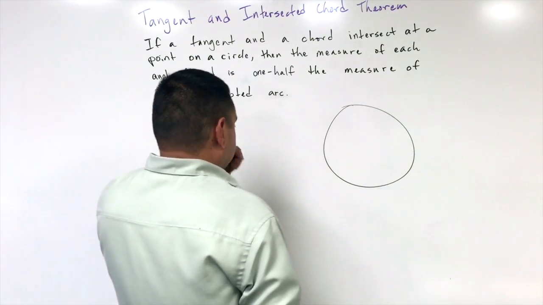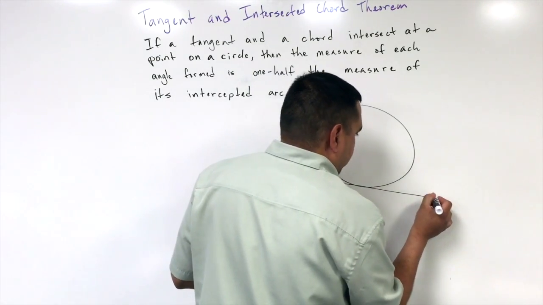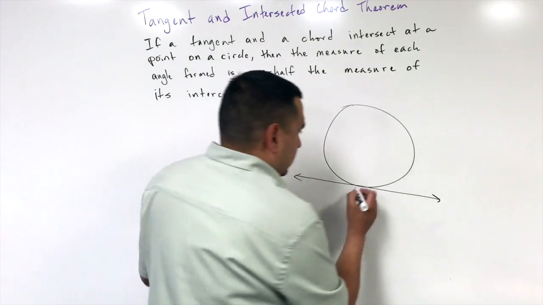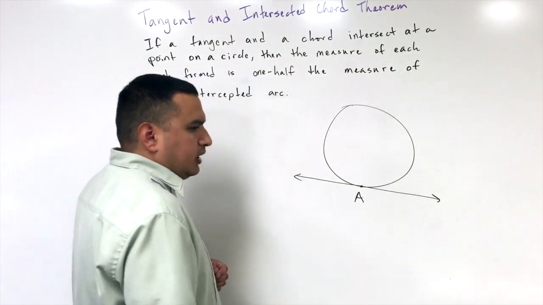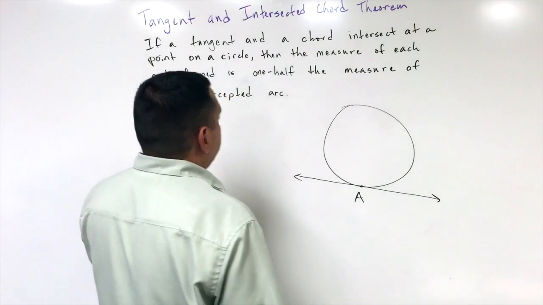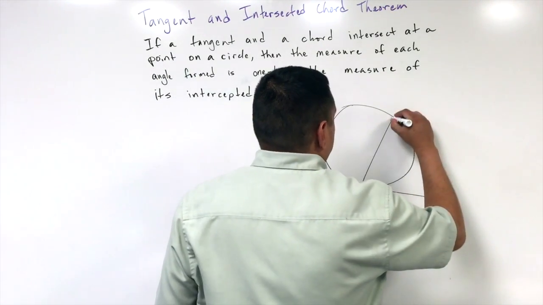Here's my circle. And let's make this line here that's tangent at the bottom. At this point, we'll call this point A. And then I'm going to make a chord from A up here somewhere.